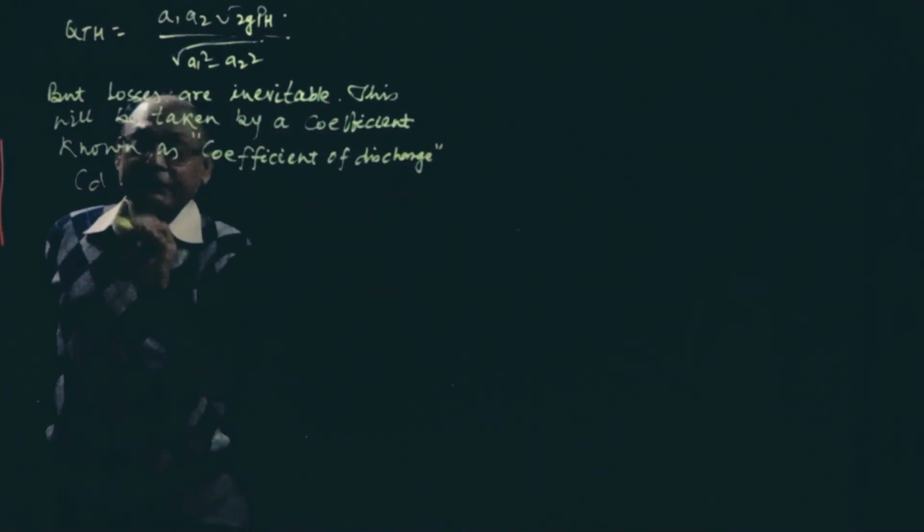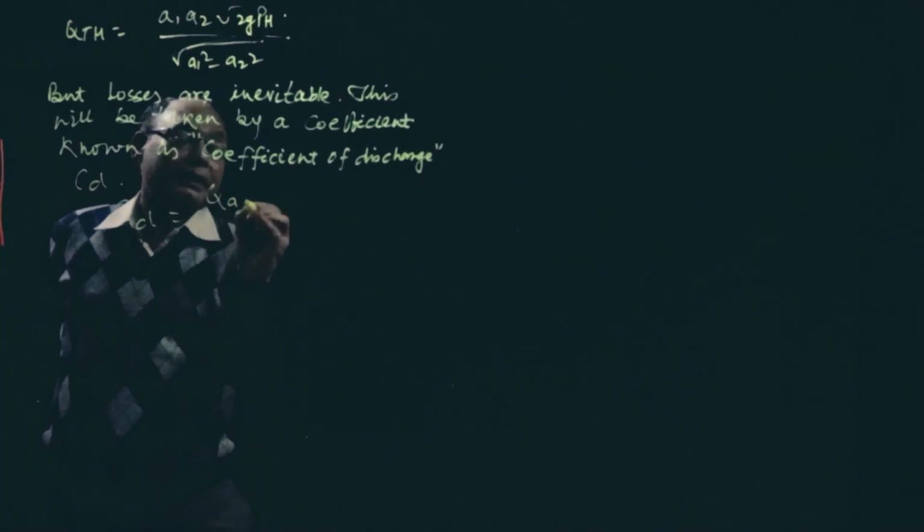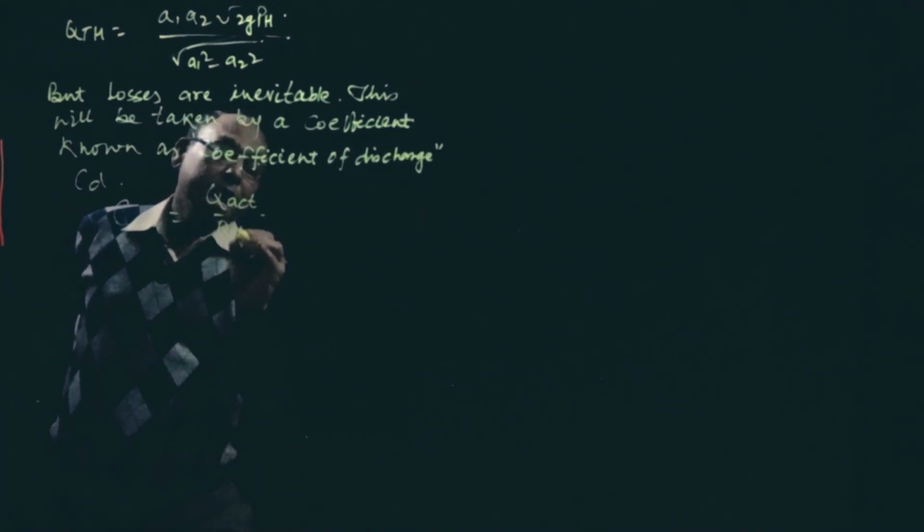So CD will be equal to Q actual by Q theoretical, and Q actual is always less than Q theoretical.